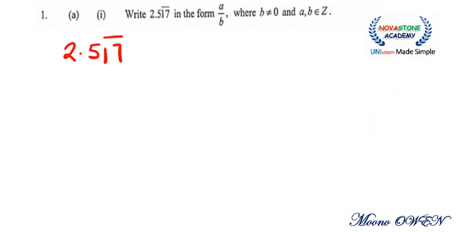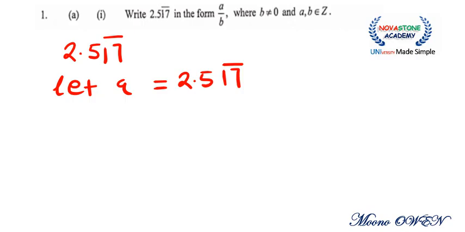So now how do we solve these rational numbers? We're going to let a be equal to the same number, 2.517 repeating. Now that we've let a be that, allow me to multiply by 10 on both sides.